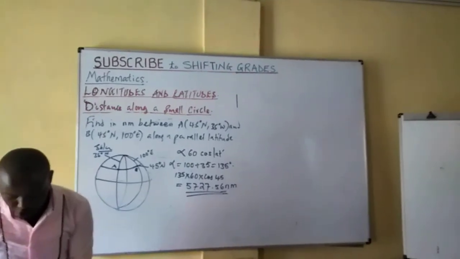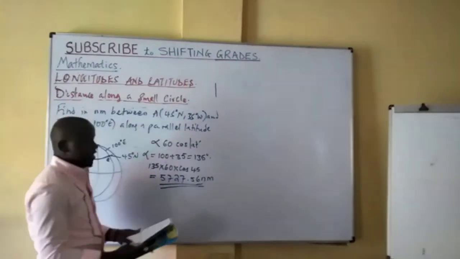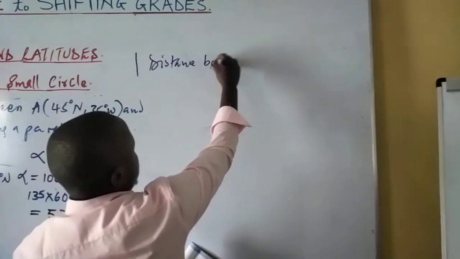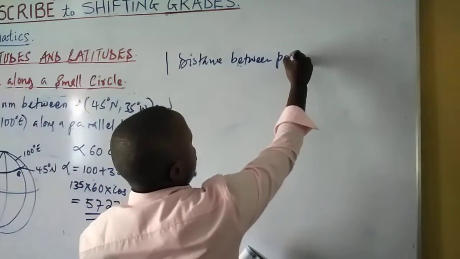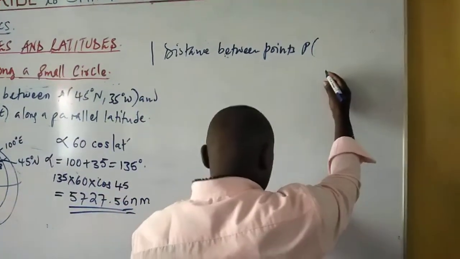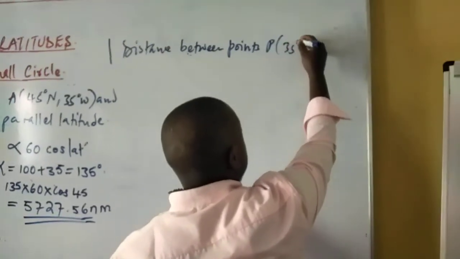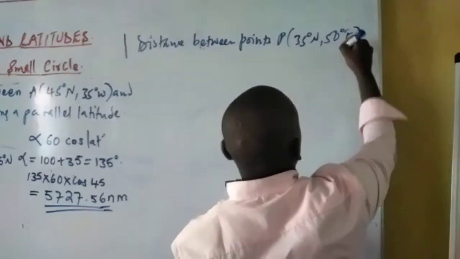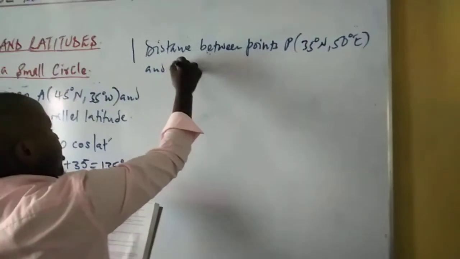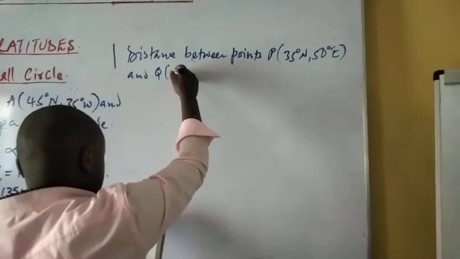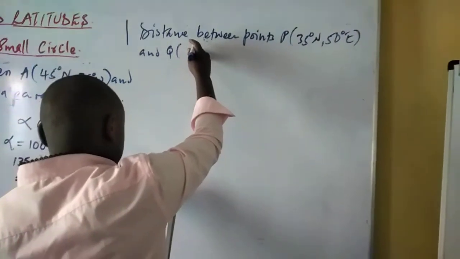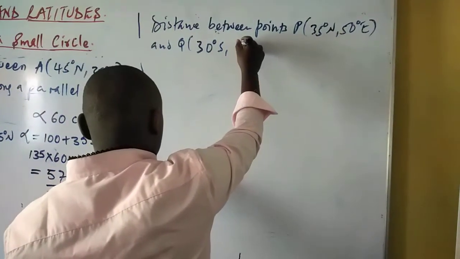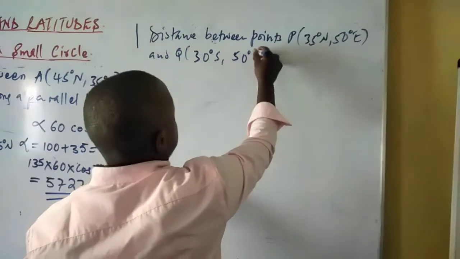Find the distance between points P and Q. P is 35 degrees north, 50 degrees east, and Q is 30 degrees south and 50 degrees east.